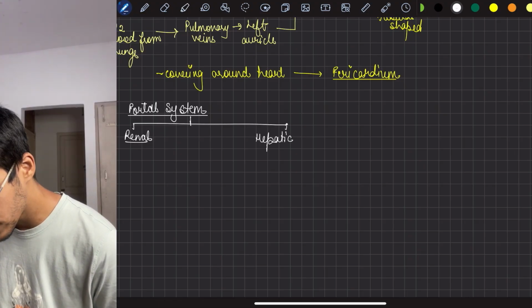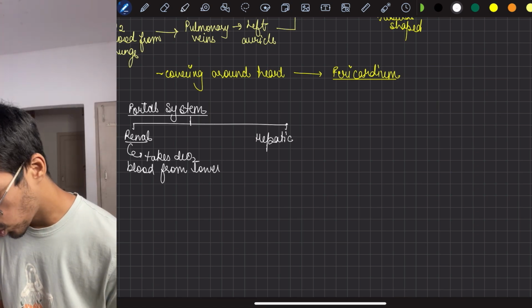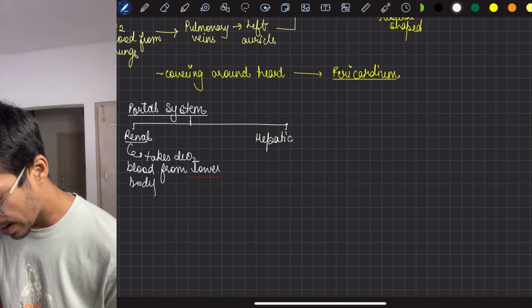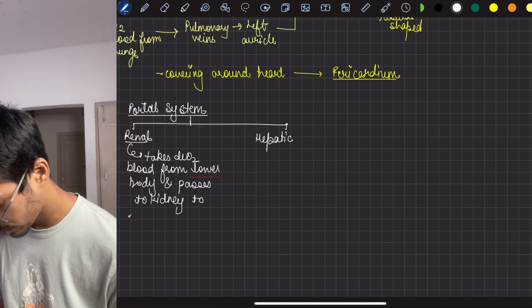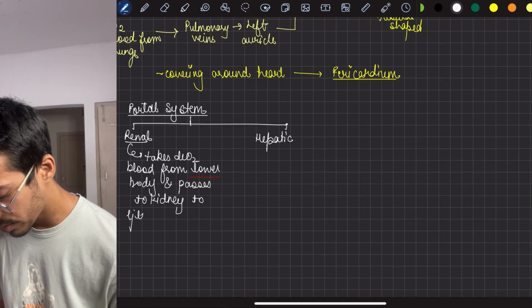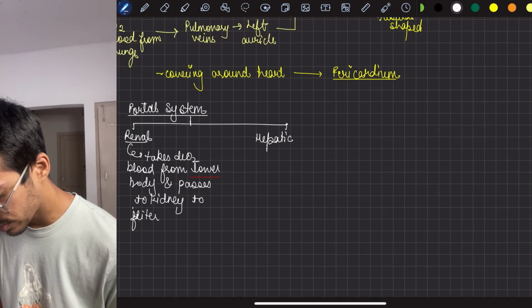The renal portal system takes deoxygenated blood from the lower body, like the hind limbs, and passes it to the kidney for filtration, so that whatever toxic substances are there can be taken out.